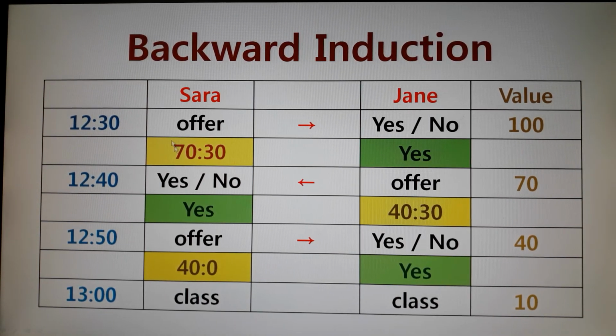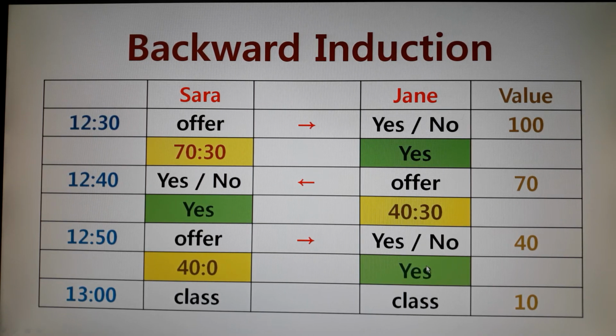The game theory says Sarah should offer, I'll get 70, Jane, you should get 30. That's the backward induction subgame perfect equilibria. Why? Consider this. At 12:50, if Sarah offers 39 to 1 instead of 40 to 0, and Jane accepts, she will get 1.